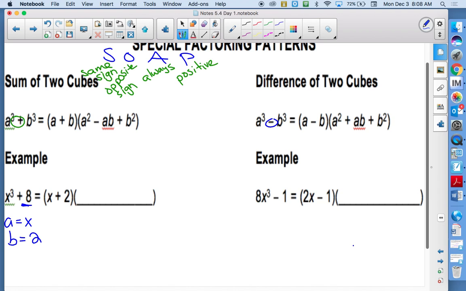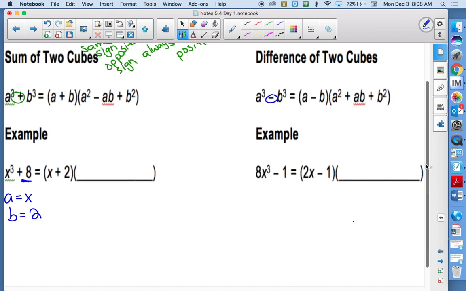So the example's already started for you a little bit. It says take a plus b. Well, we have x plus 2. The second part of the pattern says take a squared. Well, a is x, so that's now x squared. Then you're going to subtract a times b, because that's the opposite sign. So we have x squared, we're subtracting a times b.